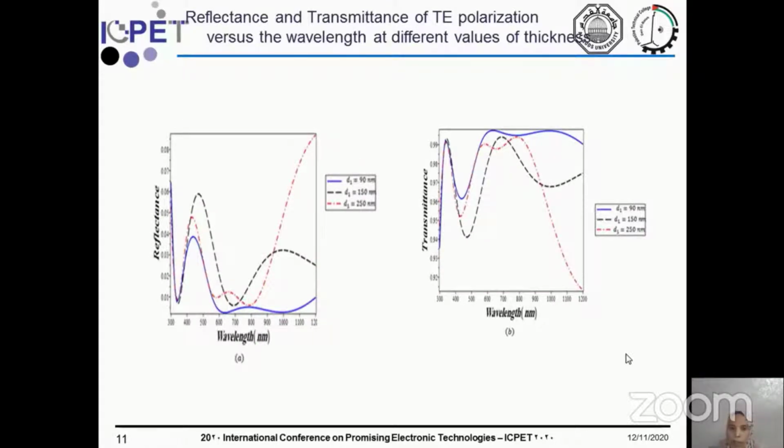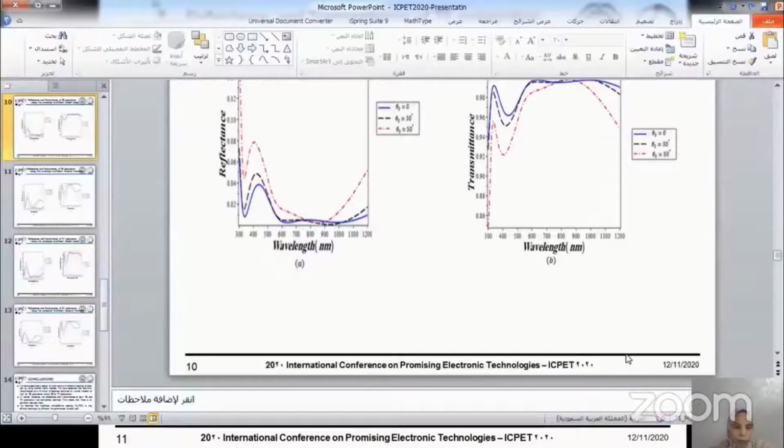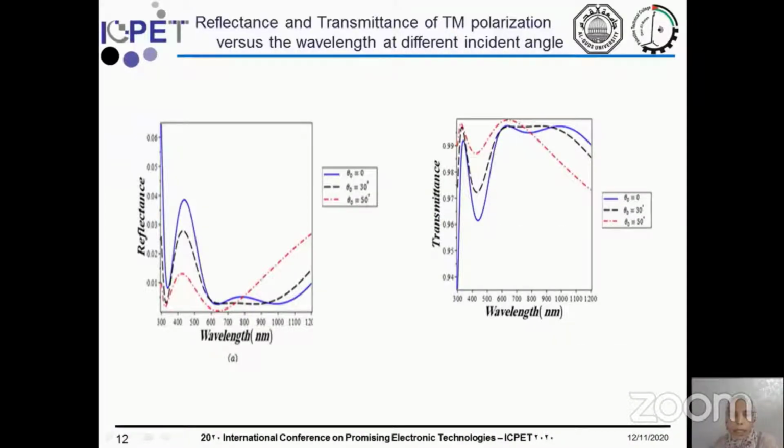The transmittance and reflectance plotted versus the wavelength at normal incident for different thicknesses of active layer. Maximum transmittance and minimum reflectance achieved at thickness 19 nanometer. Reflectance and transmittance of TM polarization with the wavelength at different incident angle.